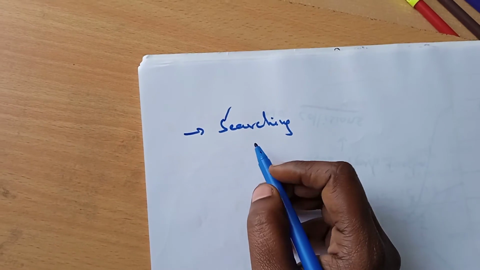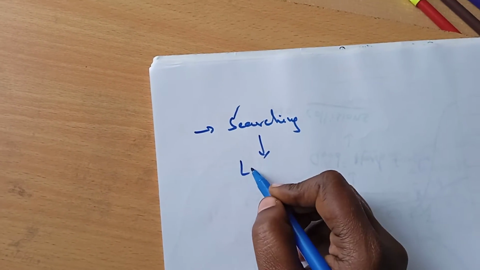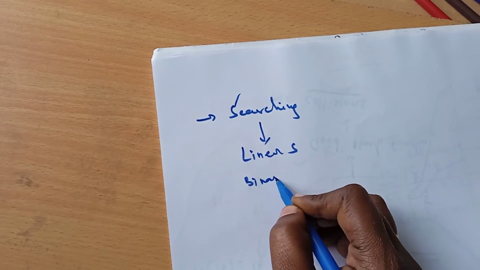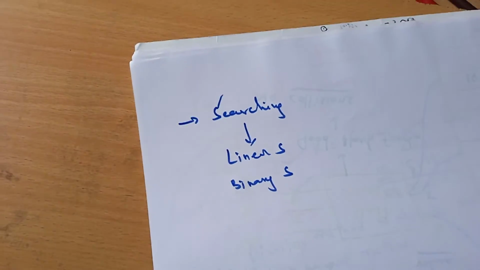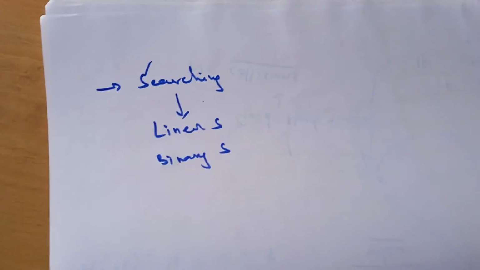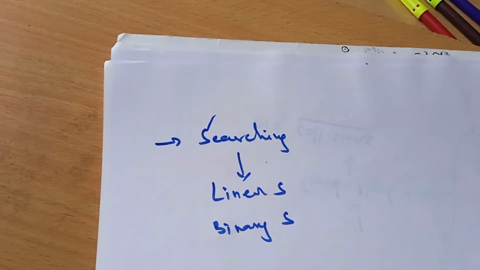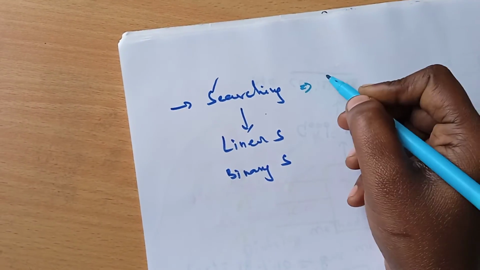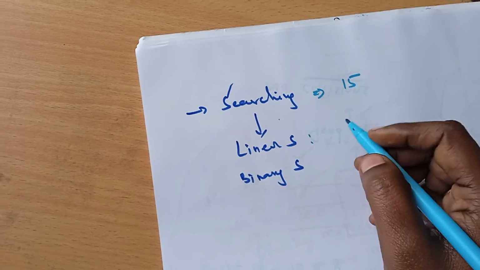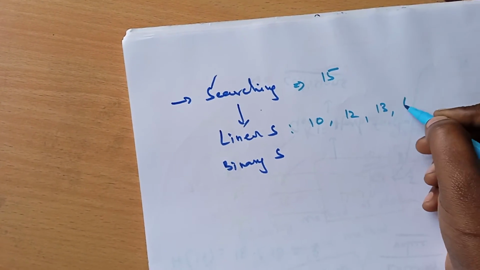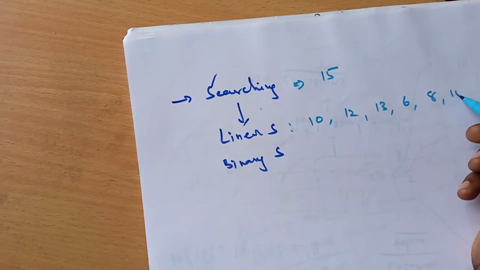Now let's take the searching techniques, linear search and binary search. In linear search, if I wanted to find a key element, let's take the example that I wanted to search 15. My input is 10, 12, 13, 6, 8, 15.